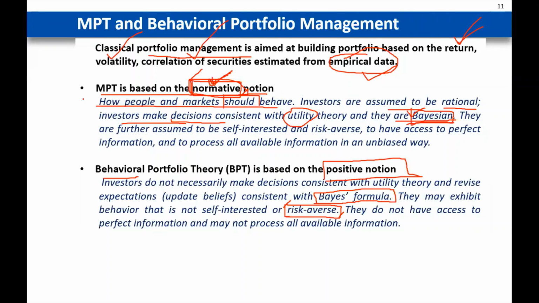So the assumptions made by classical finance, or by Harry Markowitz, are not very applicable nowadays. People don't have perfect information. People are not necessarily risk averse. People don't consider the Bayes formula.